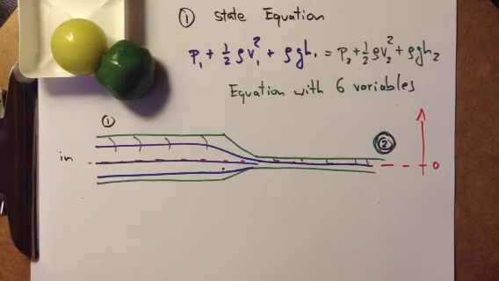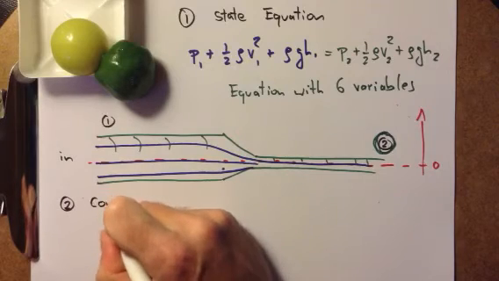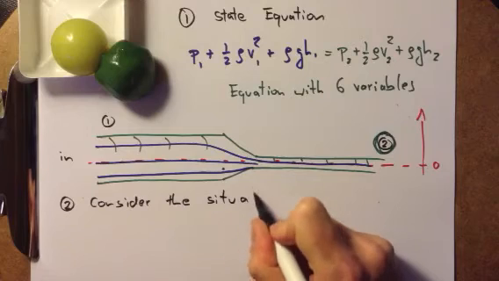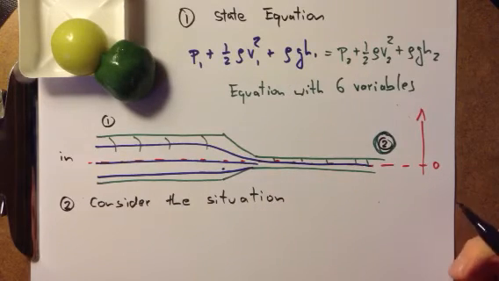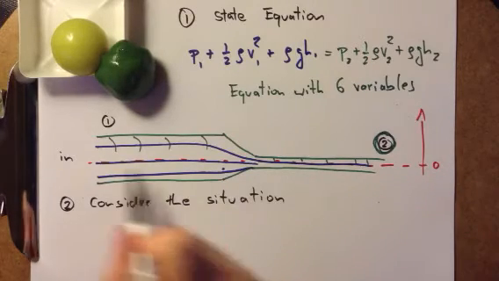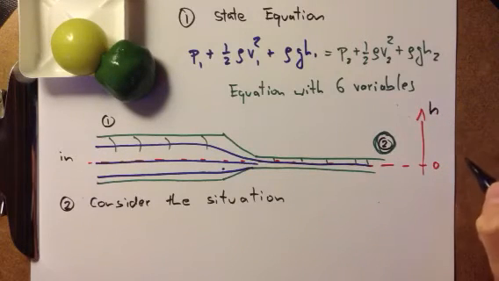So in order to solve a Bernoulli equation, which is just a single equation, one needs to constrain it using what we generally call boundary conditions, or what one could also call the situation of the problem, the circumstances. That's the second step of the solution. Consider the situation, because that will possibly, not always, but possibly rule out some of these terms. In this particular case, we're flowing in a horizontal direction, so the height, h, is unchanged.